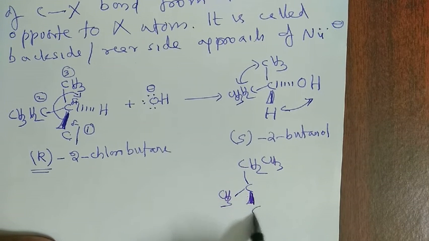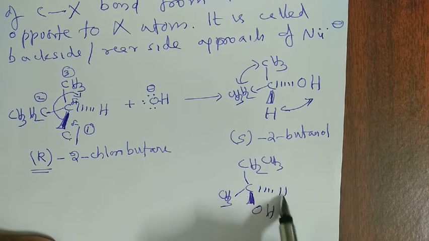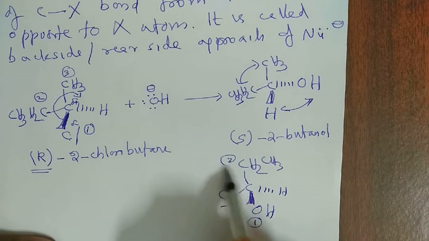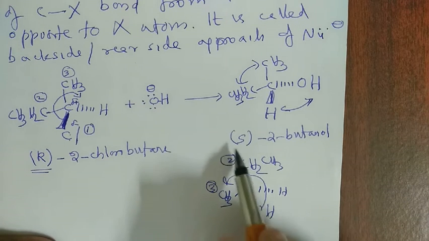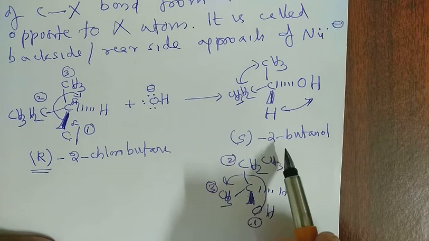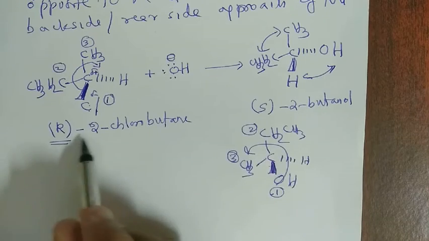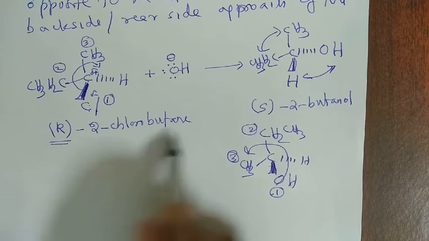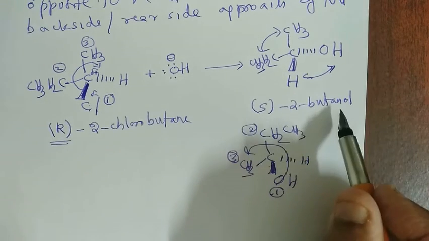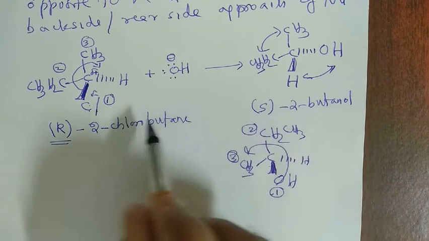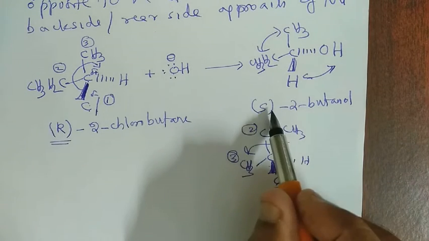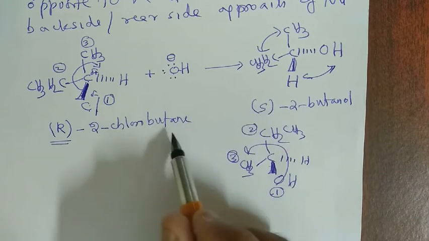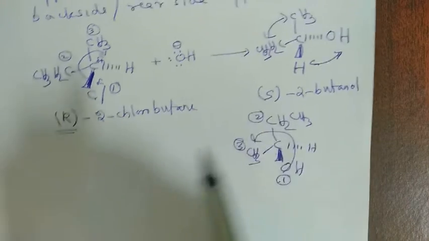Here it is OH and H. Now the priority 1, 2, 3 runs in anti-clockwise direction. So therefore, its configuration is S. That is, the R isomer of 2-chlorobutane gives the S isomer of 2-butanol. It is called inversion of configuration. R becomes S. Configuration is inverted.